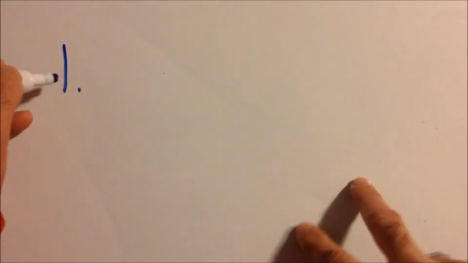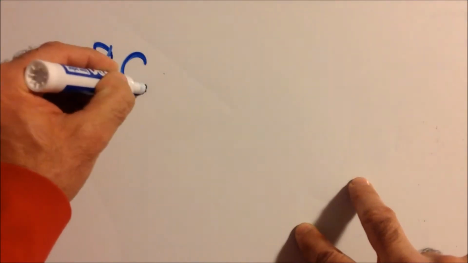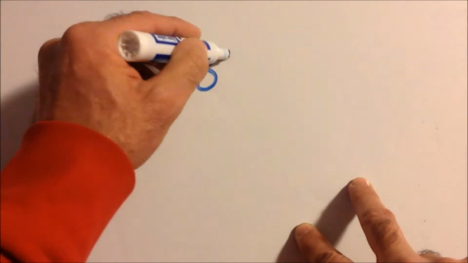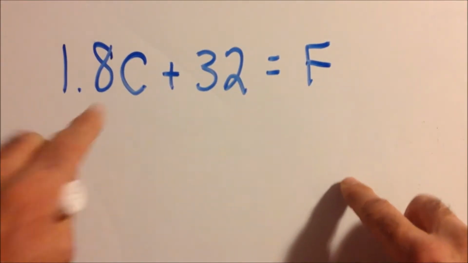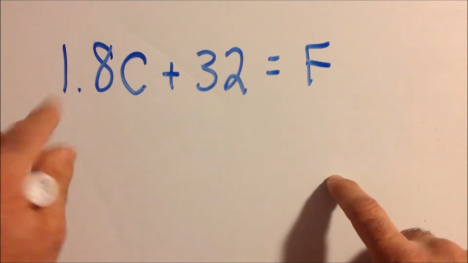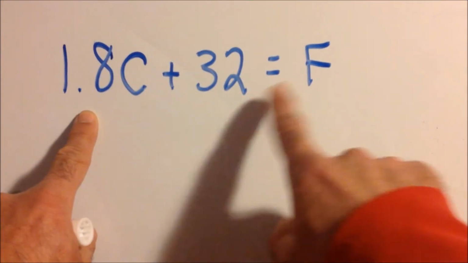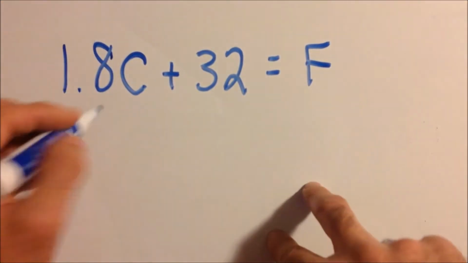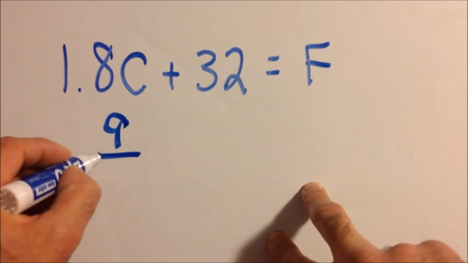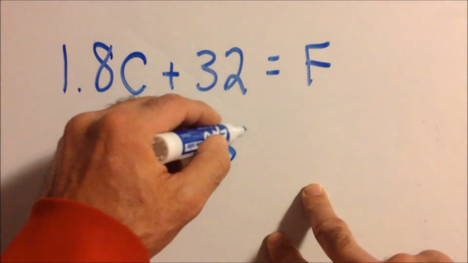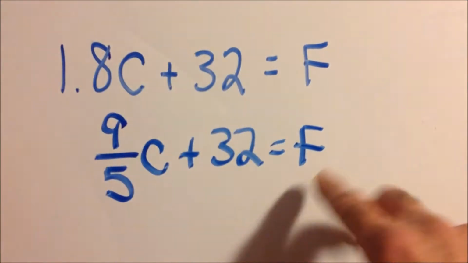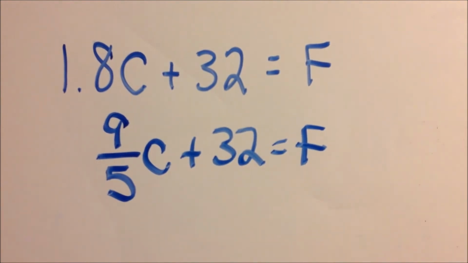It's 1.8 C plus 32 equals the Fahrenheit. So whatever the Celsius is, I'm going to multiply it by 1.8, then add 32, and I'll get the Fahrenheit. Sometimes you can see it like this: instead of 1.8, you can see 9 over 5 C plus 32 equals F. So that's how we convert.